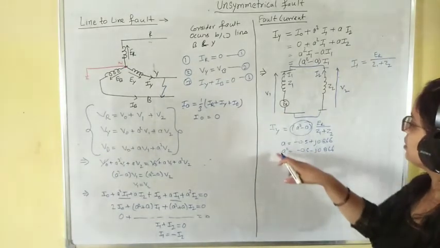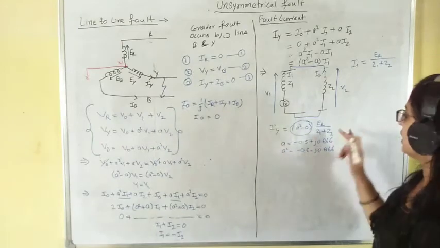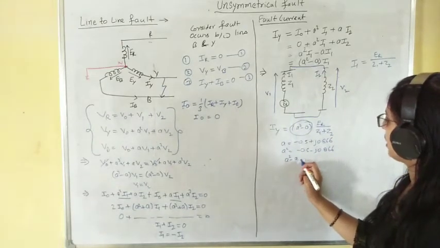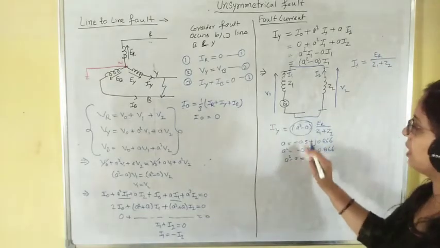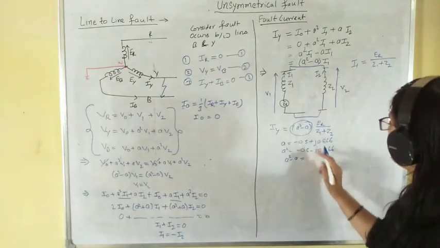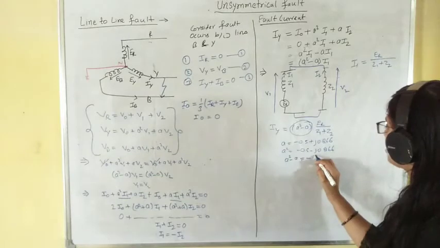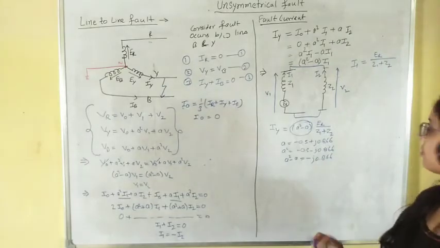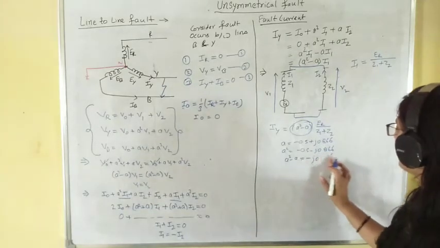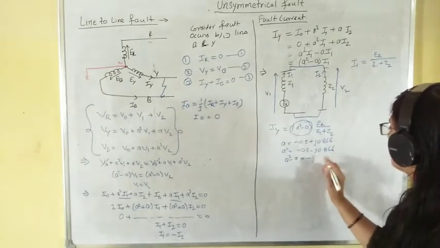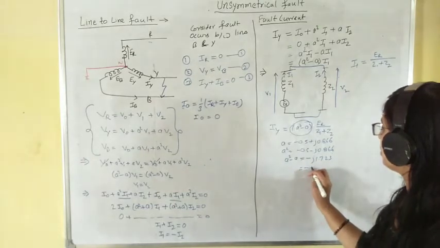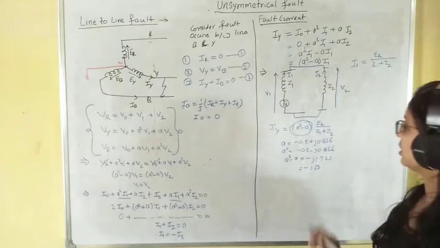When we subtract this from this, what do we get? Basically A square minus A is equal to, this will be cancelled out and both of these will be minus times J 0.866. Sorry, it will be added, 1.732, meaning this value is minus J root 3.